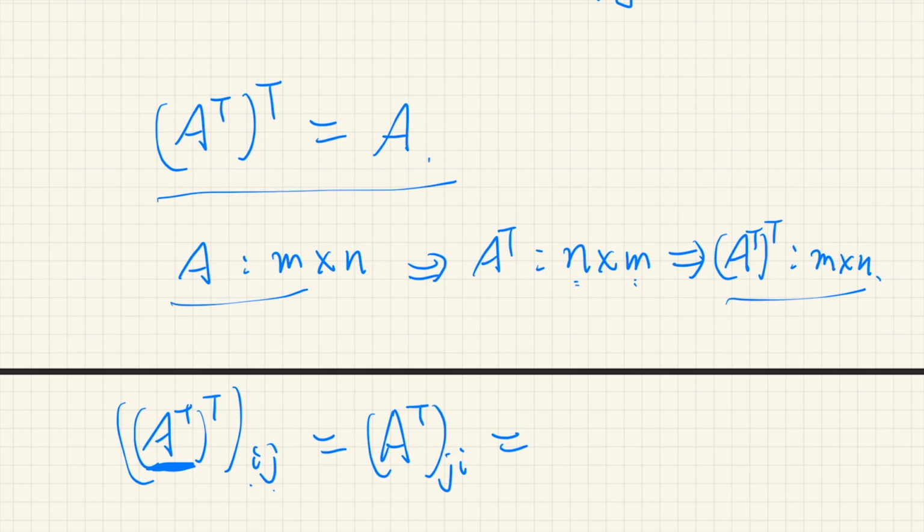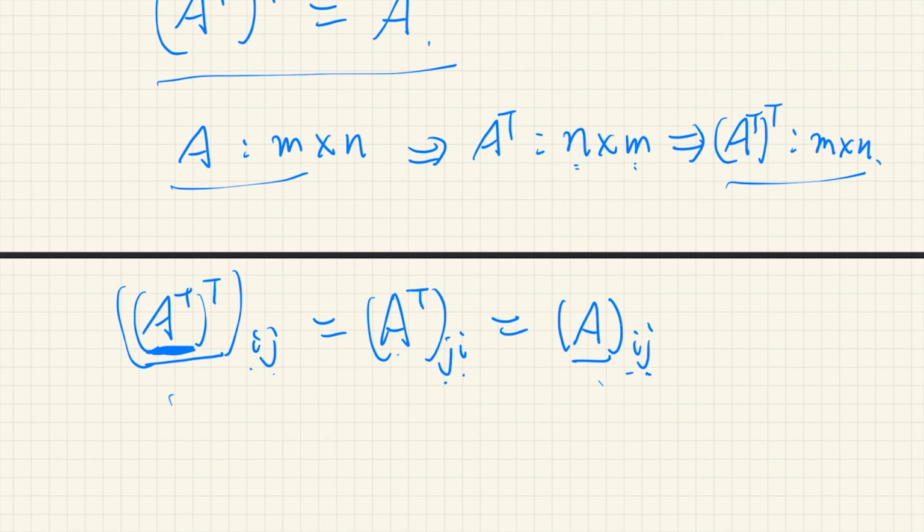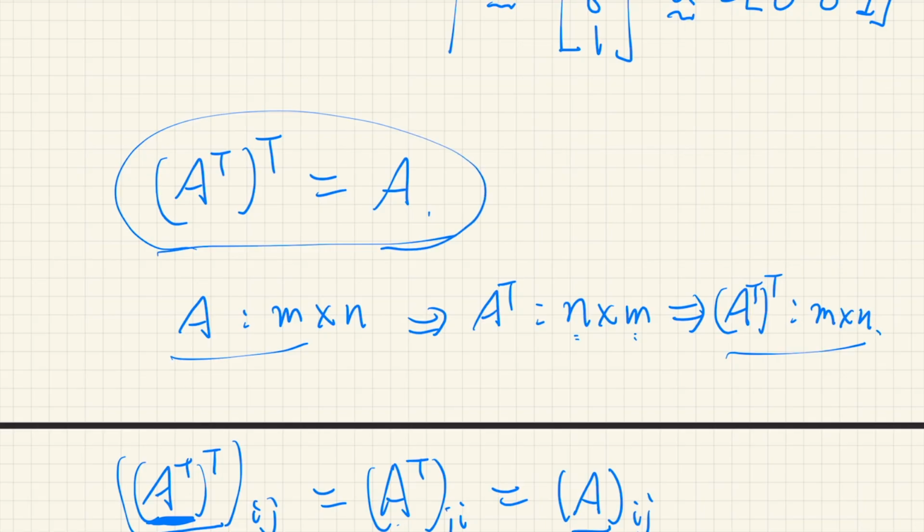And by the definition of transpose again, the ji element of A transpose is equal to the ij element of A. So the ij element of (A transpose) transpose is equal to the ij element of A. That means their corresponding elements are always the same. Therefore, we have this equality, and we are done.